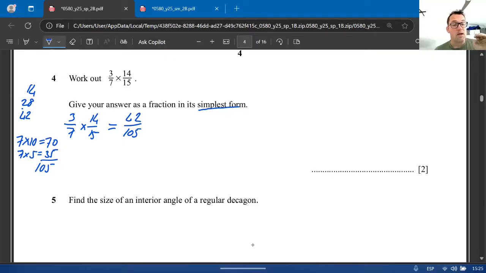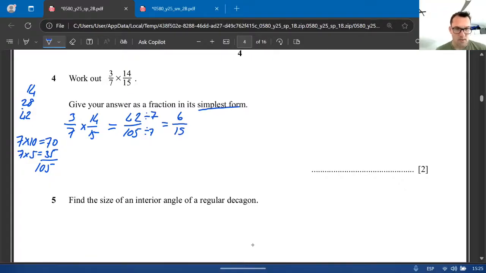But I think a better number here to divide them both by is maybe 7. Because that will give you 6 out of, what's 105 divided by 7? Isn't that 15? Okay.